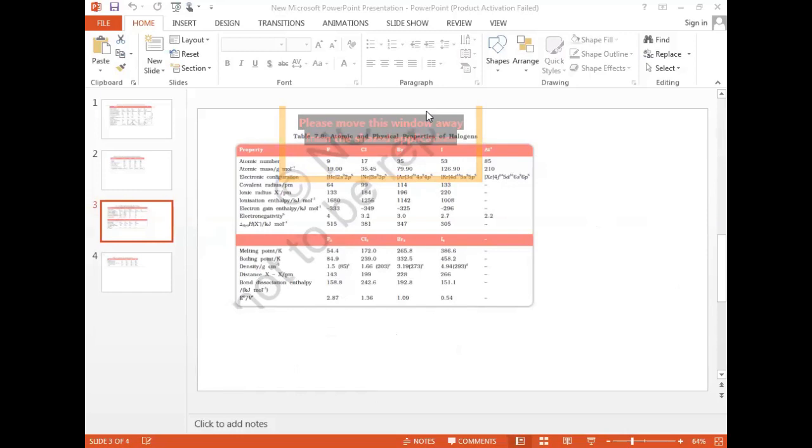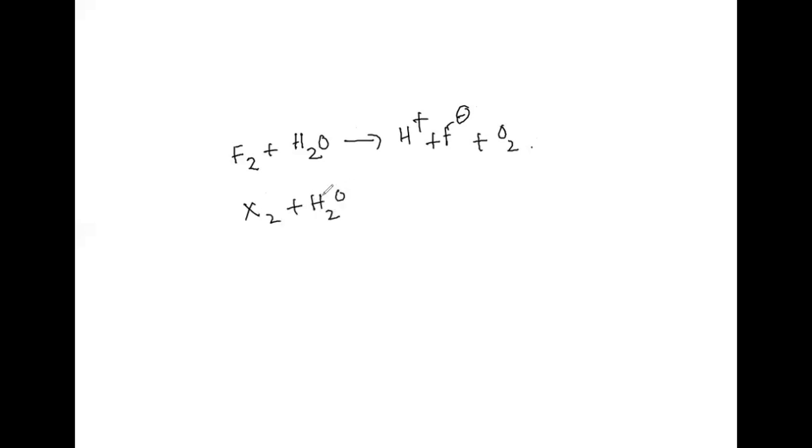Now, if you see here, the reaction with fluorine, when it reacts with H2O, gives H plus plus F minus plus O2, we can take, this is one. Then X2 plus H2O I am taking here. Here this X is nothing but chlorine and bromine.